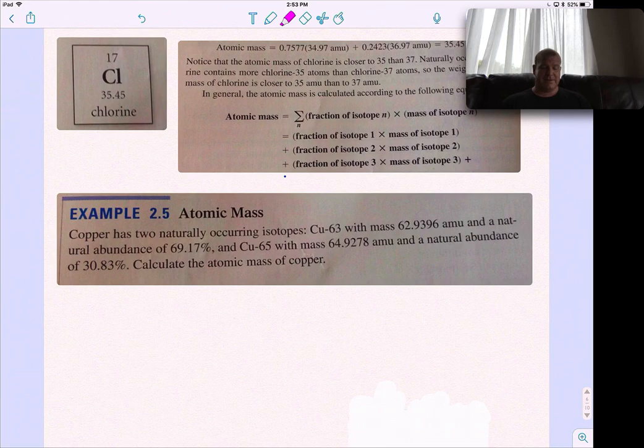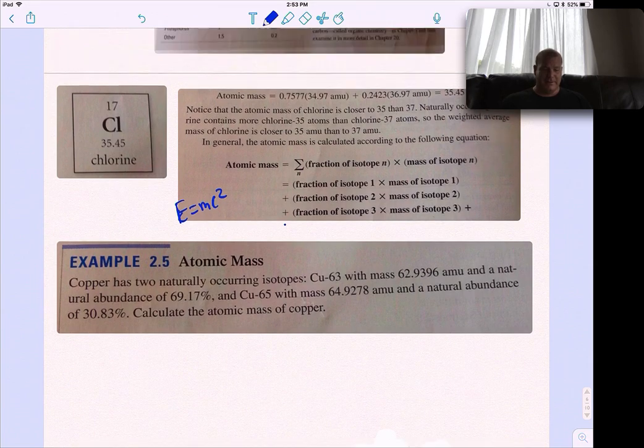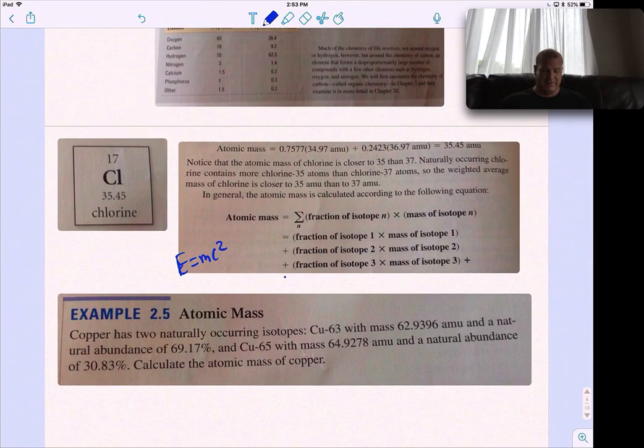So the answer for that is, if you've ever heard of the equation E equals mc squared, depending on which element it is, and if you look at the binding energy versus the mass number, the graph kind of looks like this. And the most stable isotope being iron, and then the lighter elements.